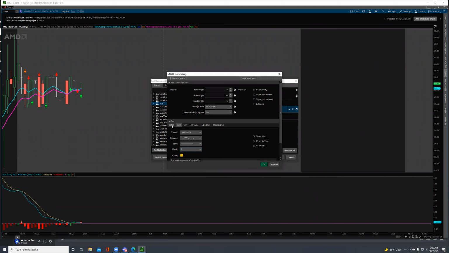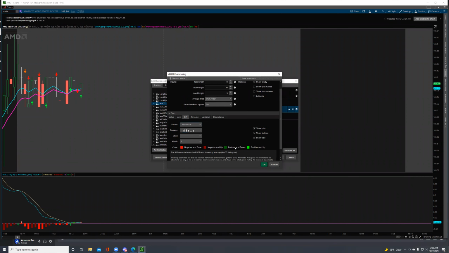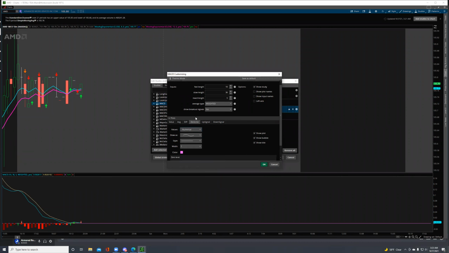Give it a 2. Yeah, so you got positive coming up, green, positive down. It's got a really nice flow to it since we're looking at it like this. The 0 line is purple. That's not bad.